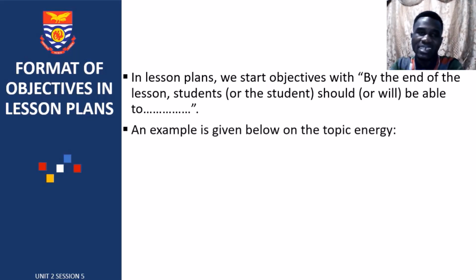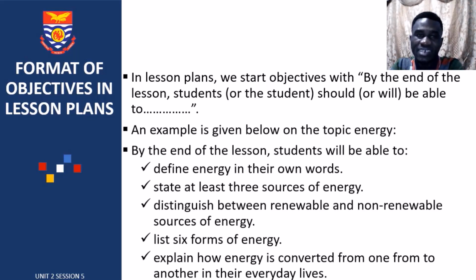So let's take an example using the topic energy. By the end of the lesson, students will be able to: 1. Define energy in their own words. 2. State at least 3 sources of energy. 3. Distinguish between renewable and non-renewable sources of energy. Then list 6 forms of energy.